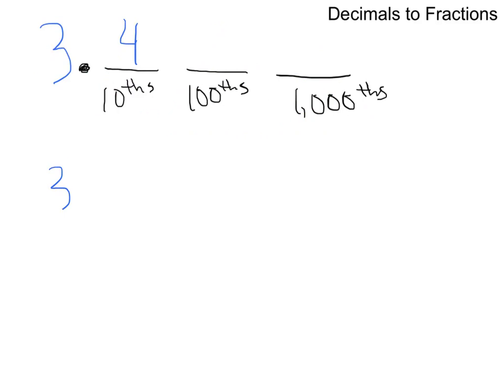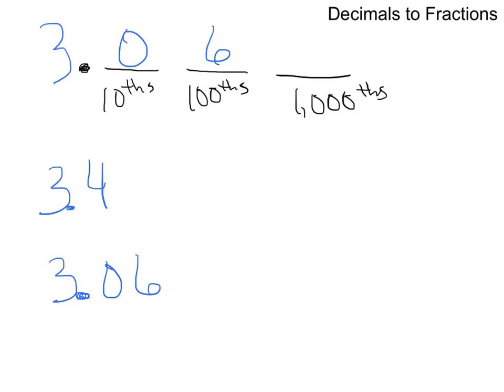We would write that 3 and 4/10. We could have 3 and 6 hundredths. We would write that 3 and 6/100. That's just a recap on the decimals.